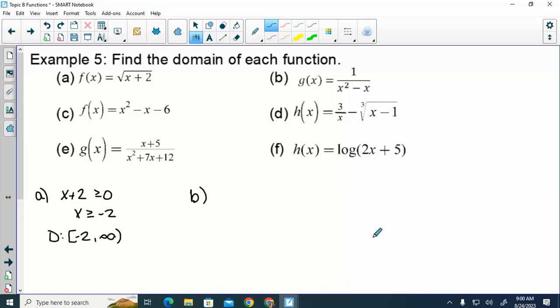Next, we have a fraction. In a fraction, what do we have to watch out for? The denominator cannot equal 0. What do I need to do to figure out what makes this 0?